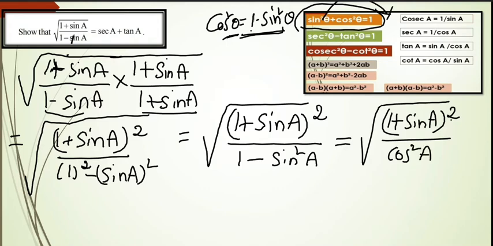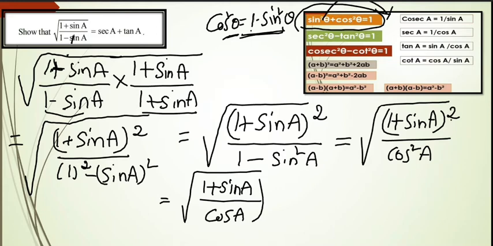So a square is there for numerator and denominator, just (1 plus sin A) by cos A whole square. So this square and this root will get cancelled. We get (1 plus sin A) by cos A. But observe the RHS value. This is our LHS. So observe the RHS.